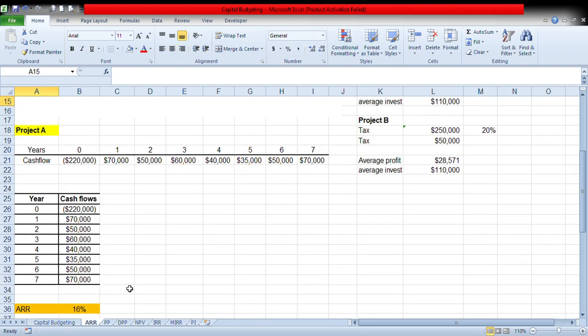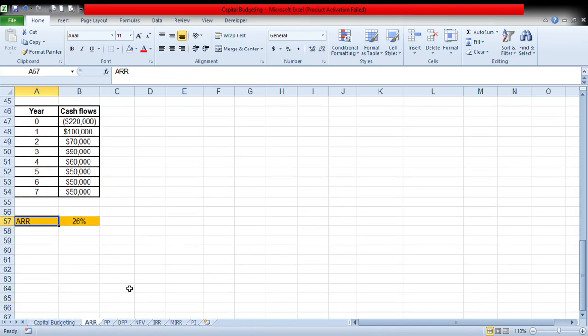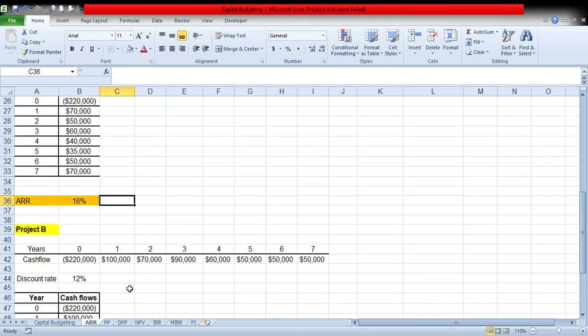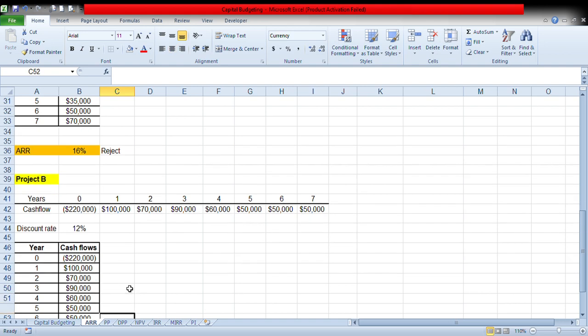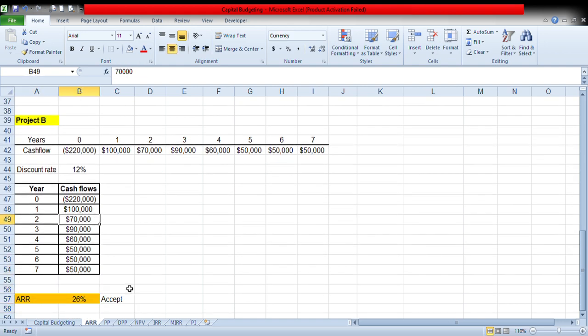So the accounting rate of return is 26%. Ladies and gentlemen, if we see, we accept project B and reject project A. Why? Because the accounting rate of return of project B is greater than project A.